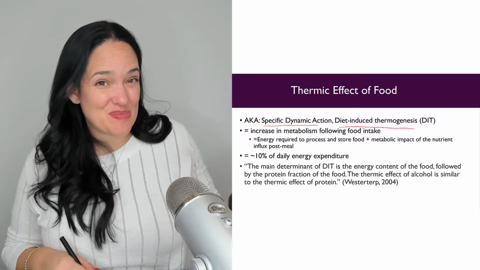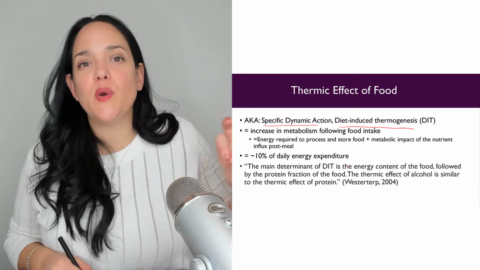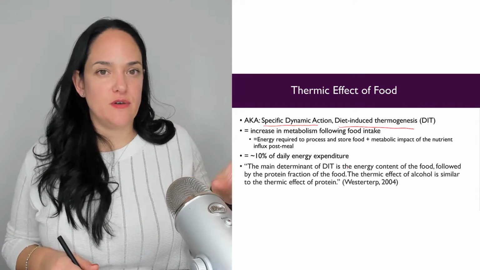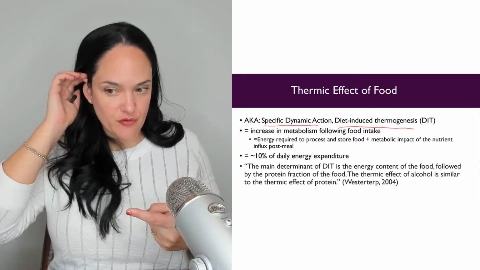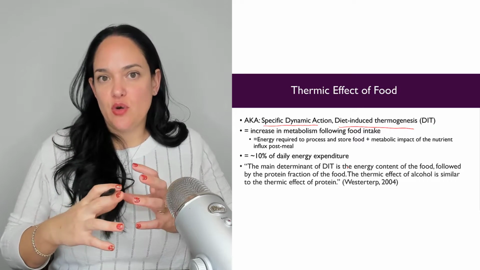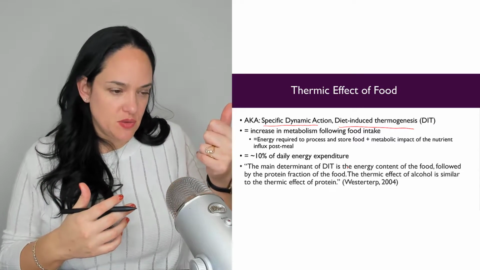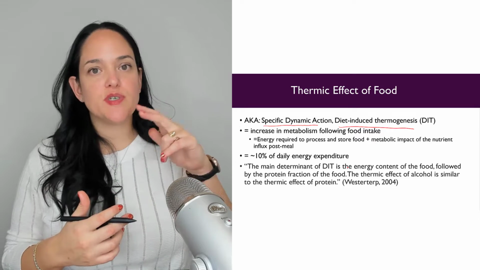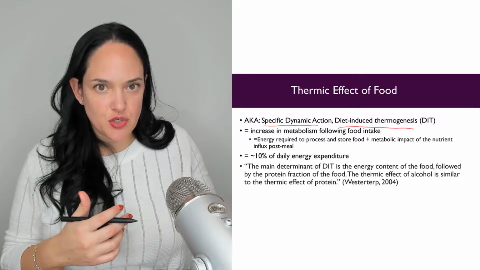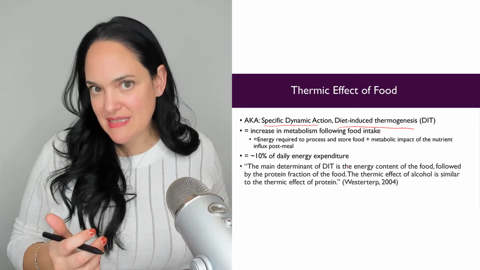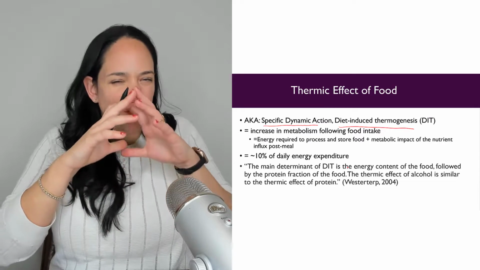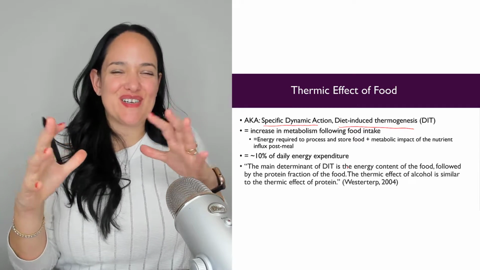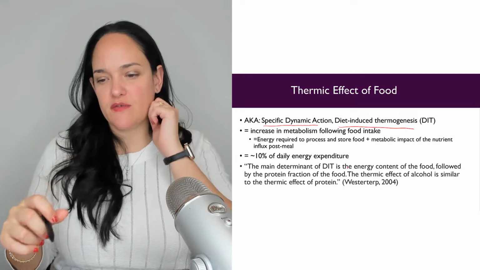And active transport requires energy. So that's just one way that we use energy in the processing of our foods. This processing has to do with digestion, absorption, and getting those nutrients into the cells as well. Although the full aspects of the thermic effect of food are not fully quantified either.